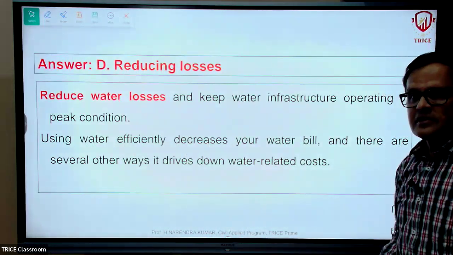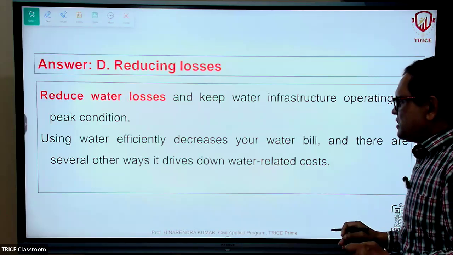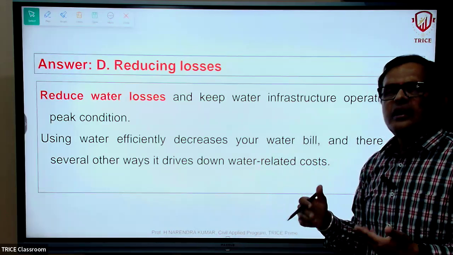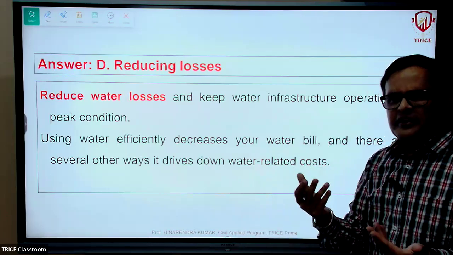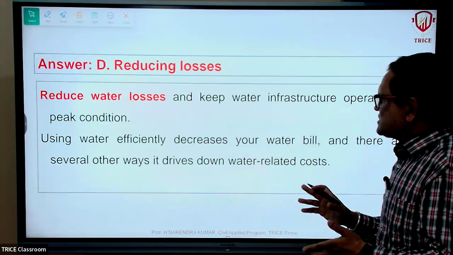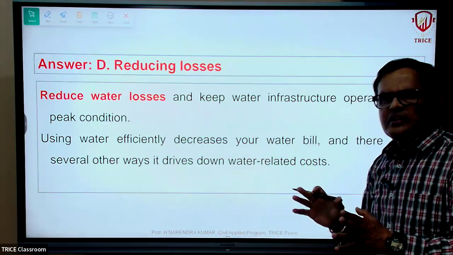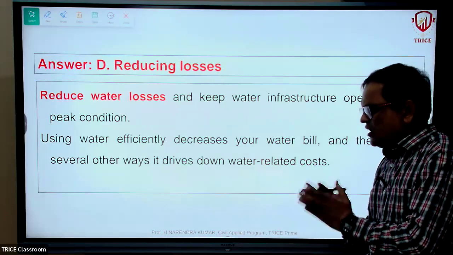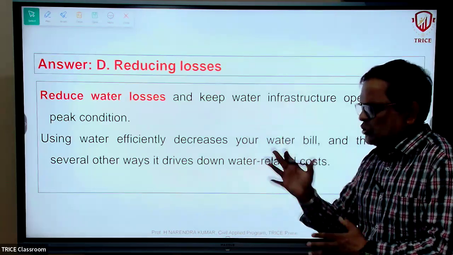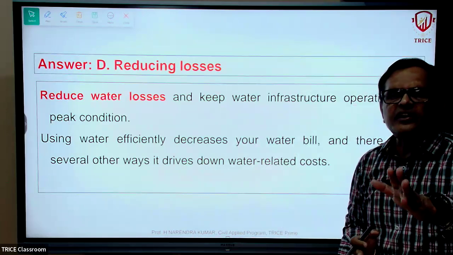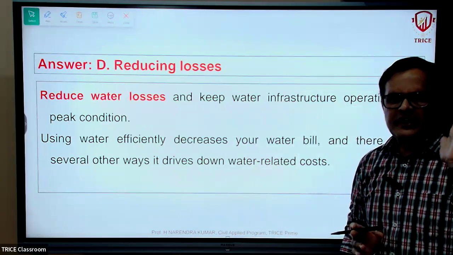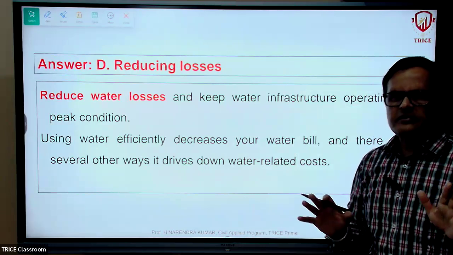Because in our country, maybe a water supply scheme or the distribution of electricity, the loss is in terms of 35 to 40%. That means if 100 liters of water is supplied from the source, only 60 liters is reaching the consumers, whereas 40% simply goes as waste.